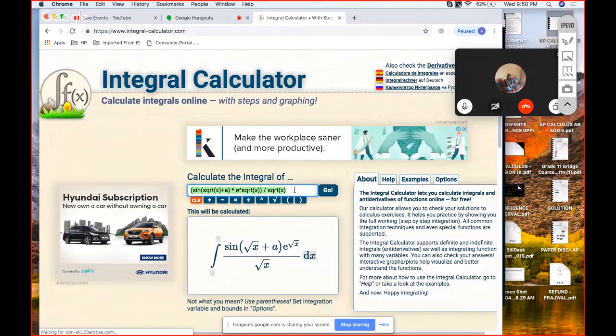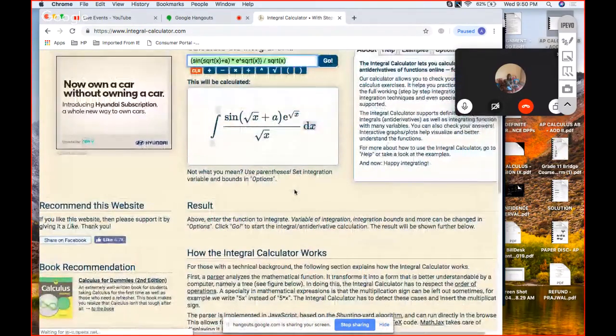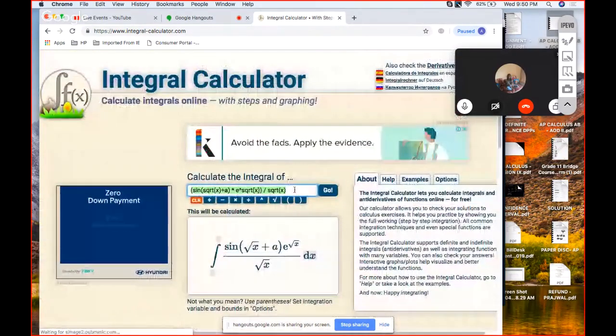Is this there in the graphing calculator? Yeah. Most calculators can do integration.